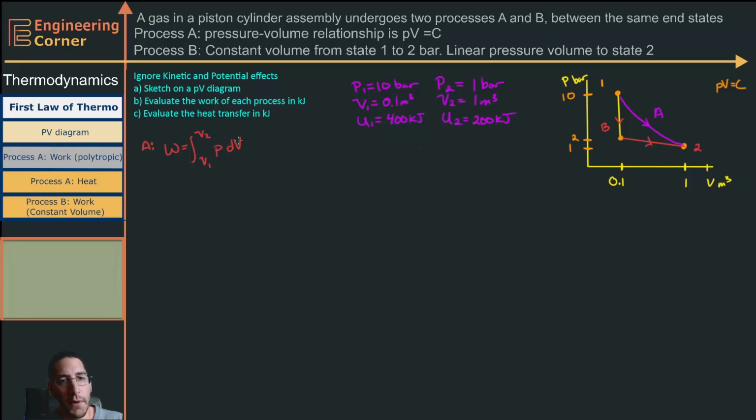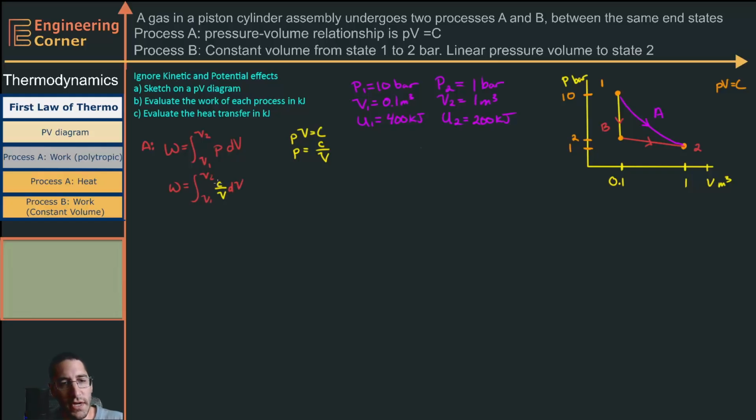Because PV equals C, we can solve for pressure: pressure is equal to C over V. So I'm going to substitute that in right here. So work is still this integral from V2 to V1, but now it's going to be C over V dV.